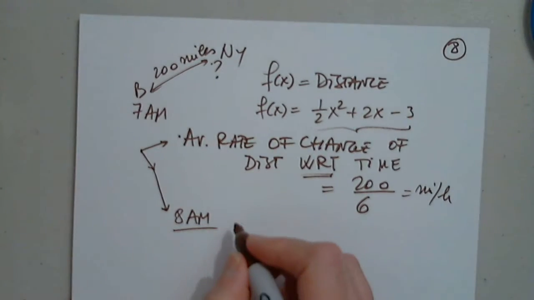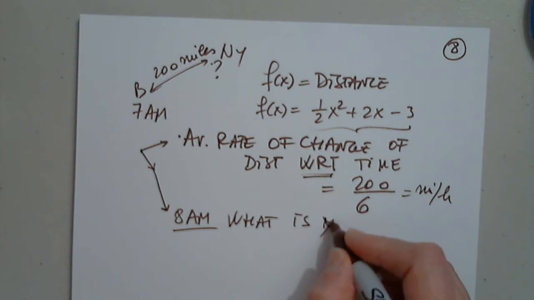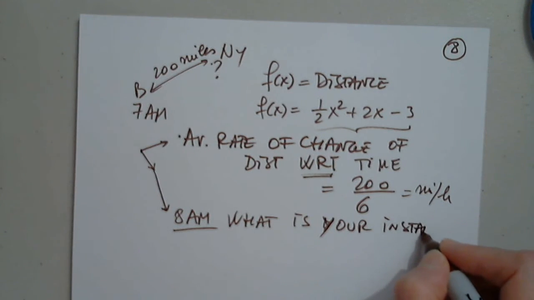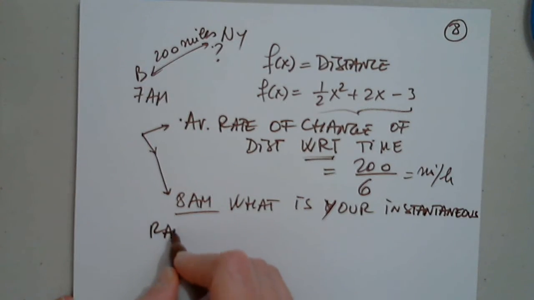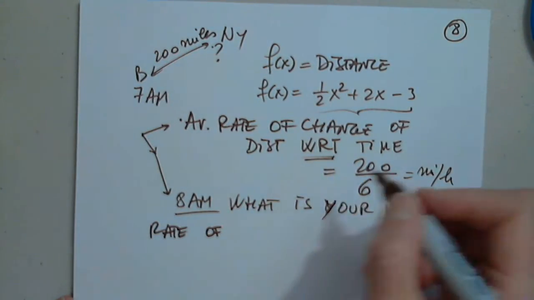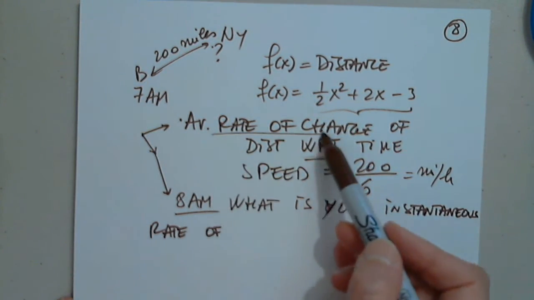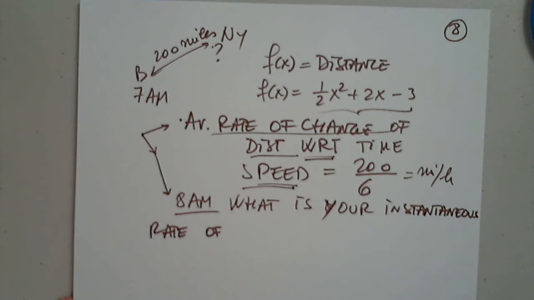And you ask me, what is your instantaneous rate of change? Which is speed, right? By average rate of change of distance with respect to time, we talk about speed or velocity.